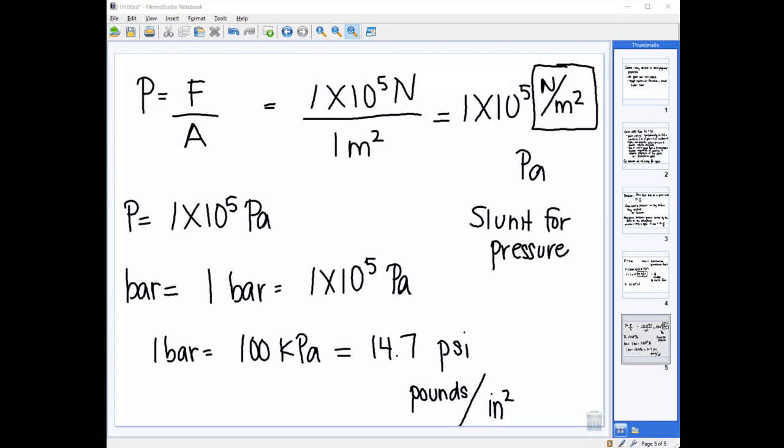We don't use it very often, but it is the official unit. And that's equal to 14.7 pounds per square inch. Now, this is at sea level. Most of what we do with our calculations will be at sea level, or we assume that we're at sea level unless we're told otherwise.